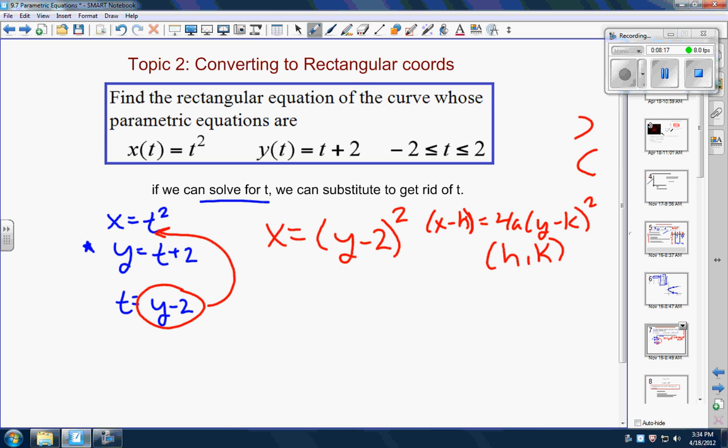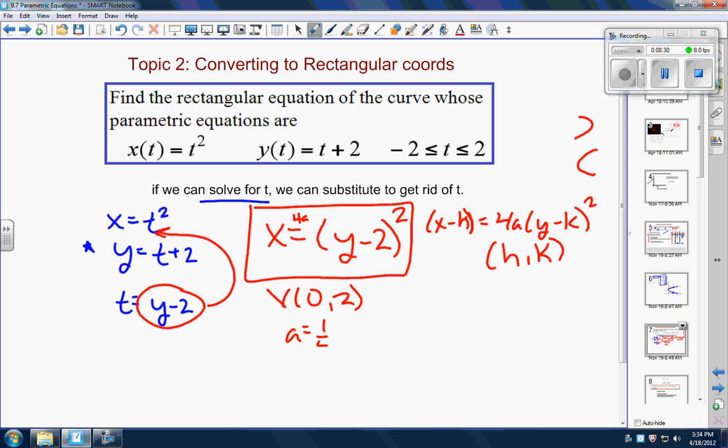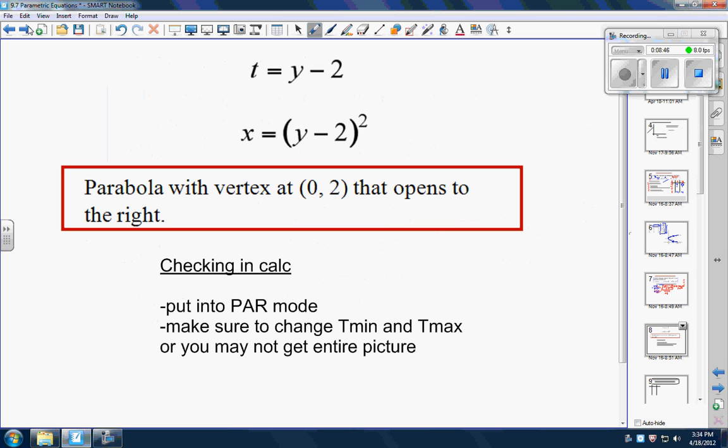In this case, with what we have, our vertex is at 0, positive 2. And you could find the a if you wanted. It would have to be 1/4 here. That would help us find our latus rectum and everything, because we know that that has to equal a 1. Like we said, it's a y squared, and it would come out to a parabola with a vertex at 0, 2, and it opens to the right.